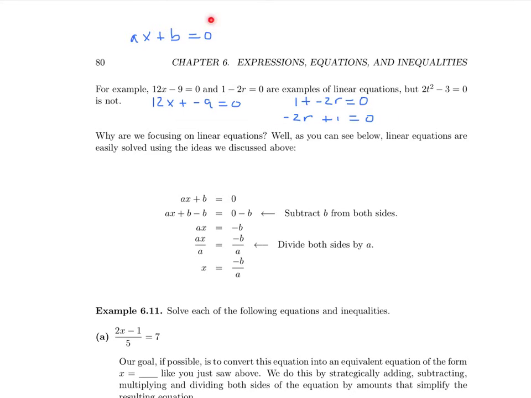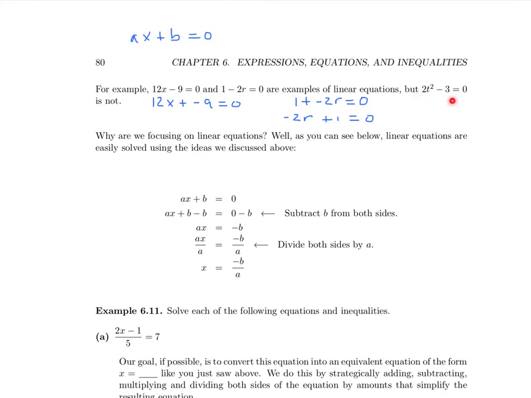This equation is also in this form. You can see that the negative 2 is playing the role of a, the r is playing the role of x, and the 1 is playing the role of the b. So both of these are examples of linear equations.